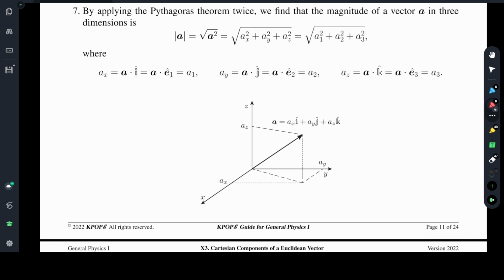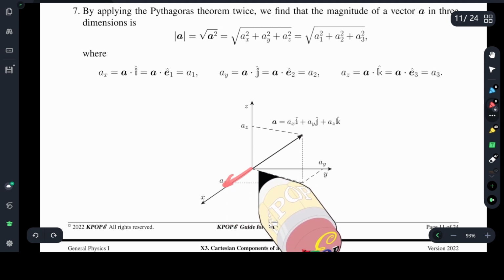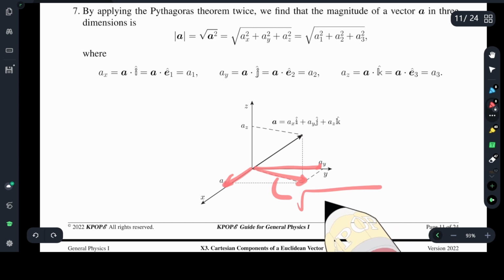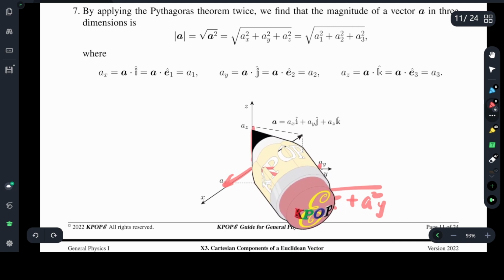In 3 dimensions, we can apply the Pythagoras theorem twice. In the xy plane, we can obtain the x component and y component, and we still have the z component.